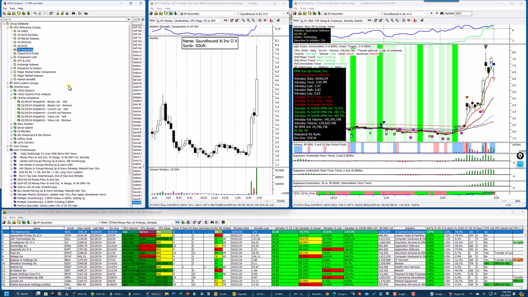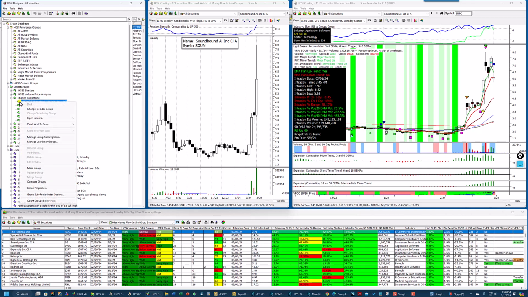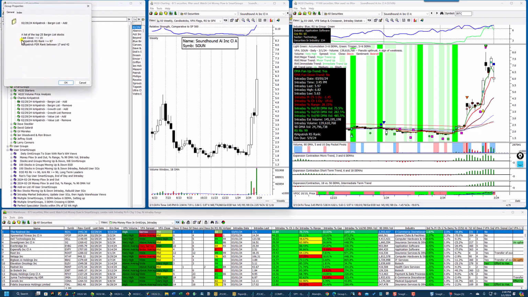These are formulas and groups that have been in here for a long time, and he classified them according to bargain, growth, or value. And I'm not going to explain what they are because I really can't remember, to tell you the truth. Let's see if the group properties shows here. Okay, it's right here.